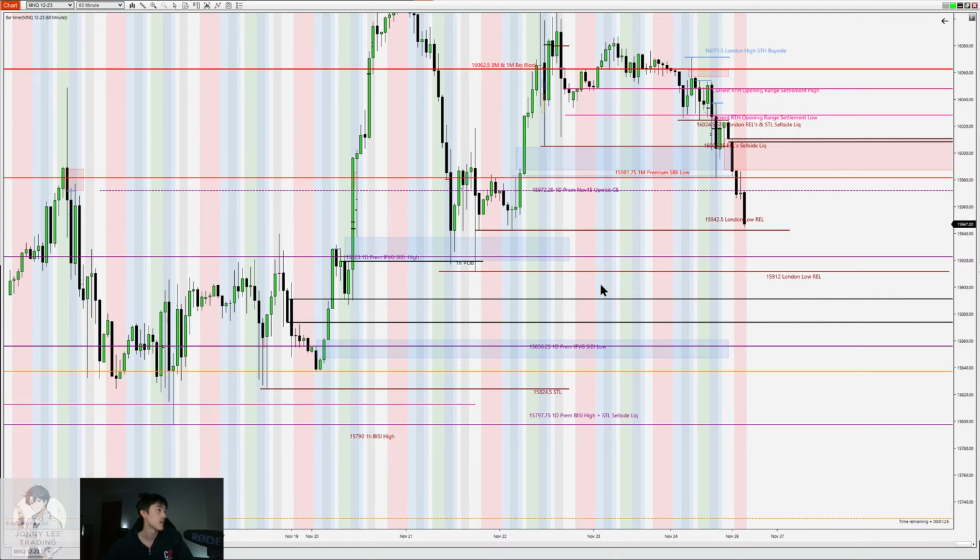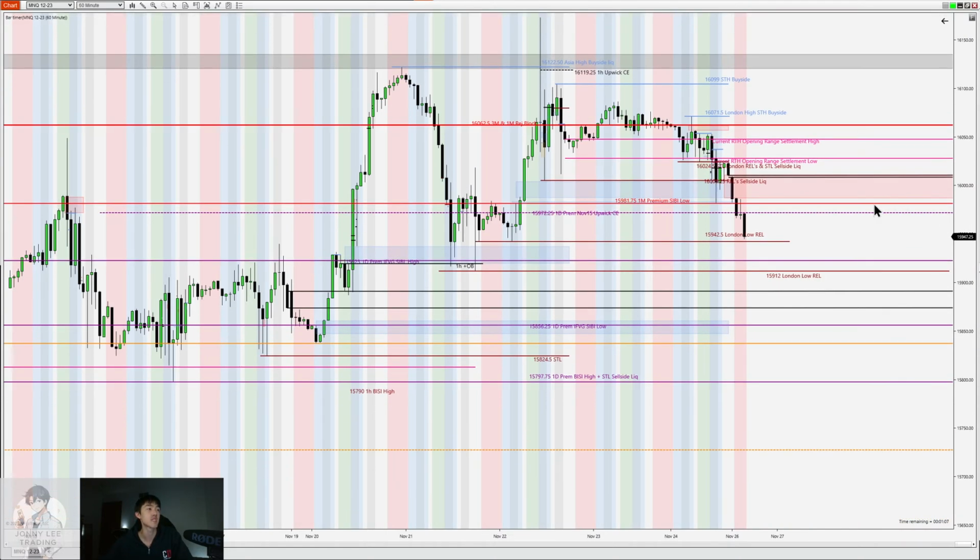So in probably Asia and London, we could see us continue lower here, maybe to around this area or maybe this short-term low here. I would anticipate us bouncing off of this new week opening gap at the very least if we get down there. So let's see what happens though.